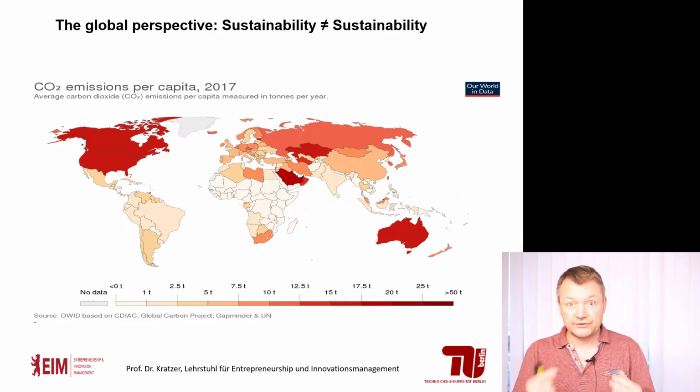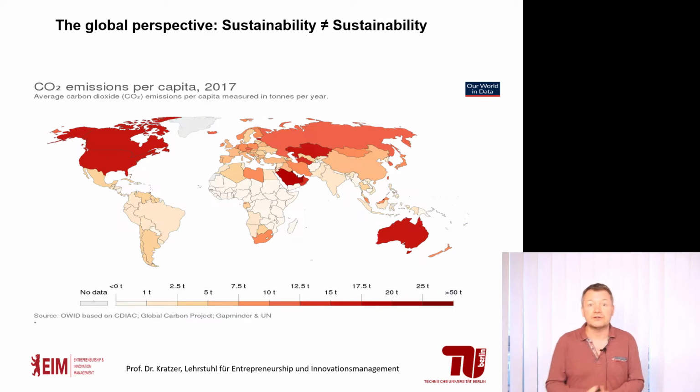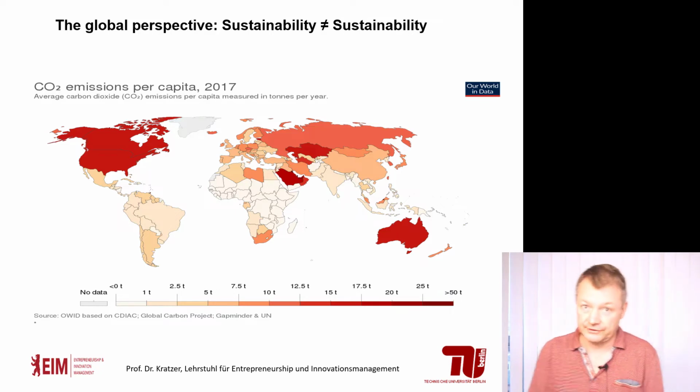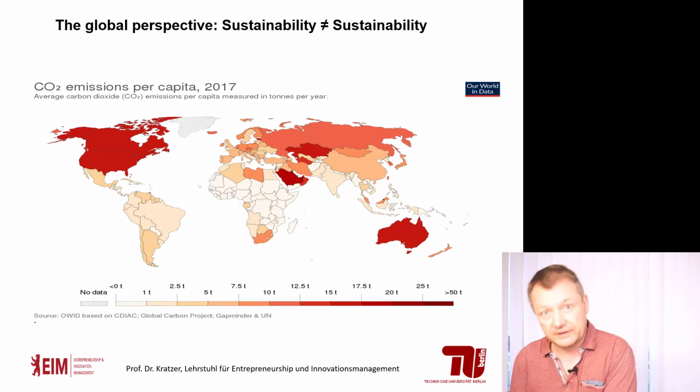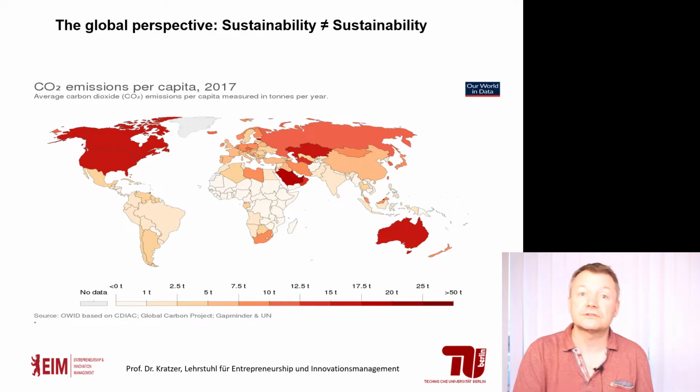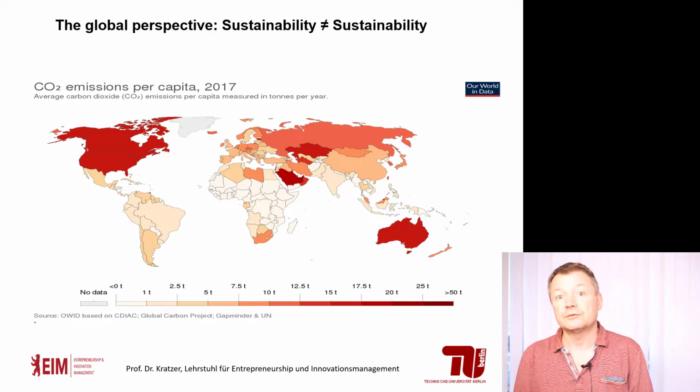In this way, considering sustainability from a South American or African perspective is very different, and I would address very different goals than the goals that are addressed in Europe or Northern America.